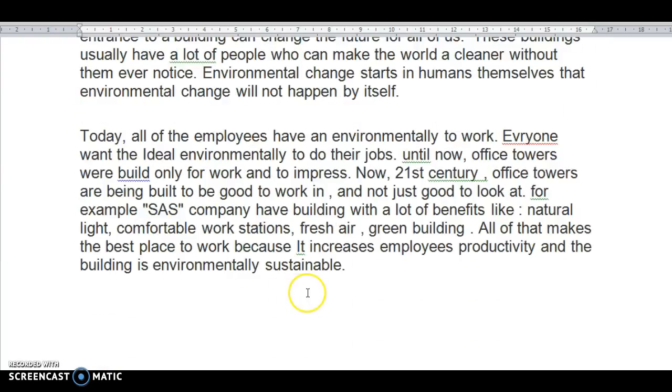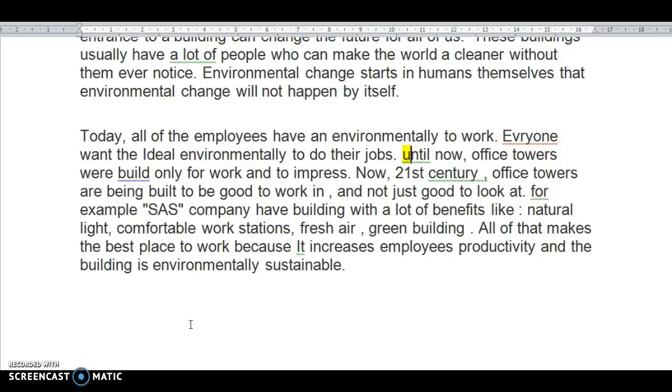And finally, let's take a look at one more. "Today, all of the employees have an environmentally to work." Okay, not quite sure what this means. "Everyone wants the ideal environment to do their jobs. Until now," again, capital letter, beginning of a sentence.